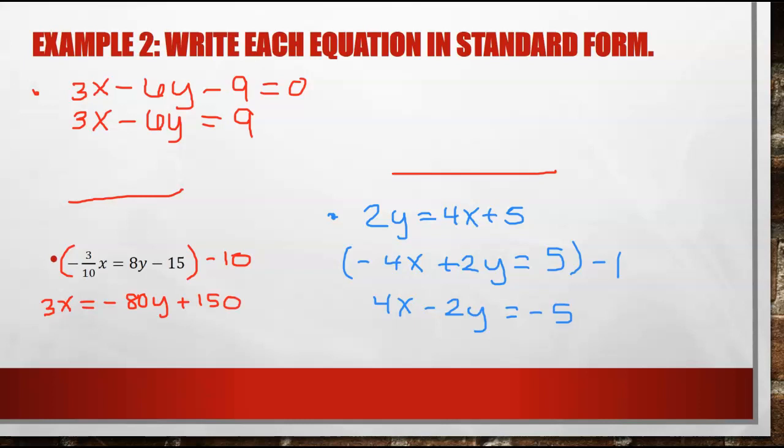So I don't have fractions. My a value is positive, but the last thing I need to do is move the y to be on the same side as the ax. So that becomes 3x plus 80y equals 150.